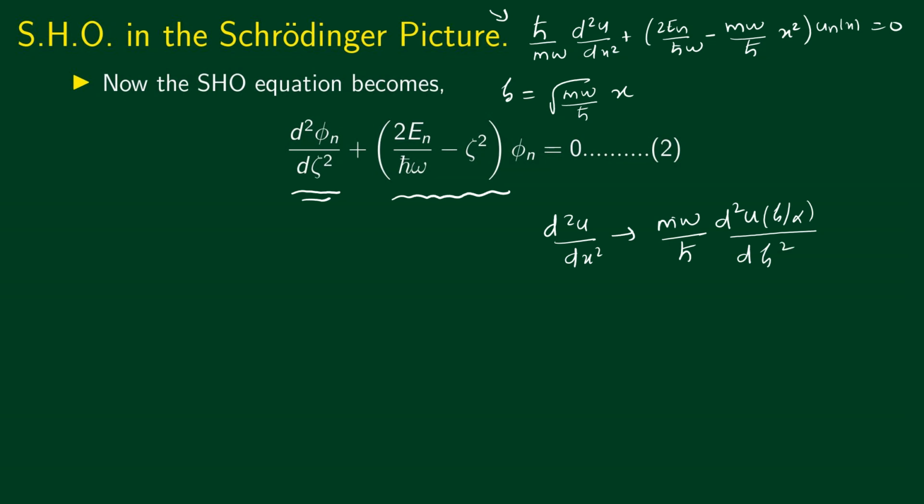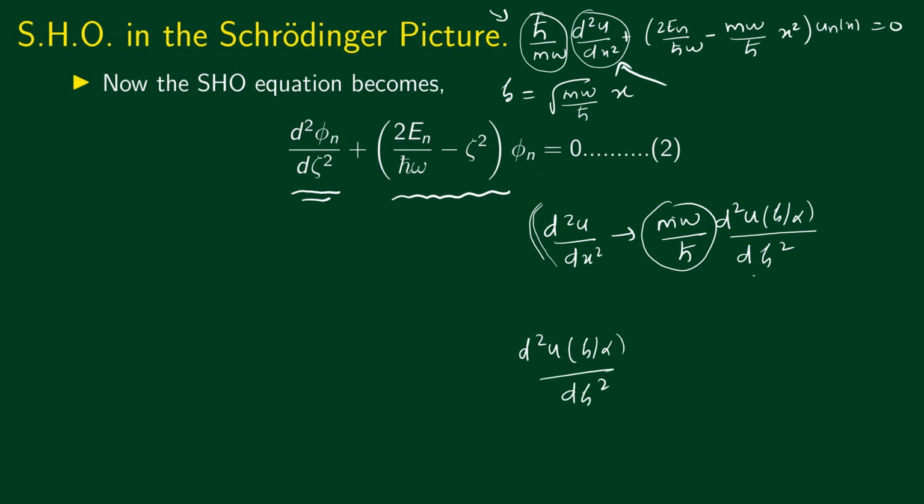So d square u by dx square will now become m omega by h bar d square u by d zeta square. Now if we substitute this d square u by dx square in here, this h bar by m omega will cancel with this m omega by h bar, and this term now becomes simply d square u of zeta by alpha by d zeta square.